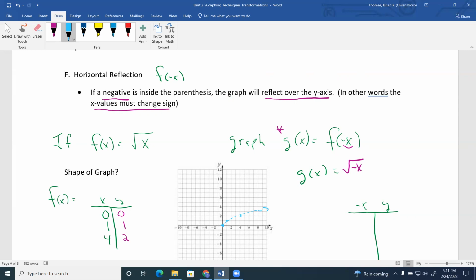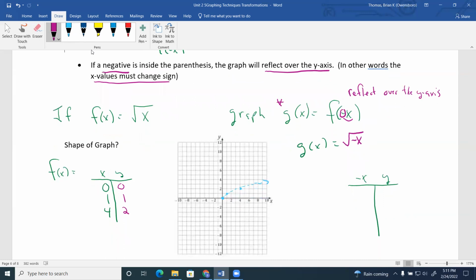Now, what we're doing is we're putting a negative inside. So that's going to be a reflection. And this is going to reflect over the y-axis because the x values are changing. So when I write my ordered pairs over here, again, the y values are not changing. So I still have this 0, this 1, and this 2, but all the x values are changing sign.